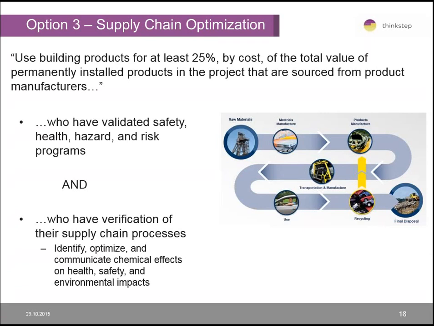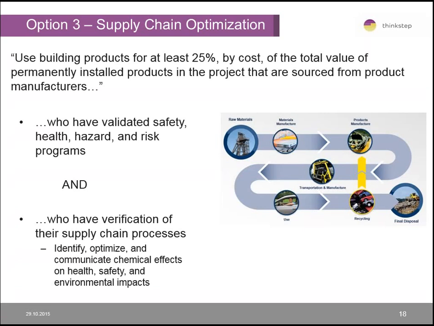So there's a little bit of ambiguity in this credit language. There's not a ton of guidance on how to achieve this credit, but there is a U.S. Green Building Council working group to address this. It's still being defined, and the guidance provided basically says check the U.S. Green Building Council websites for updates on how to achieve compliance.